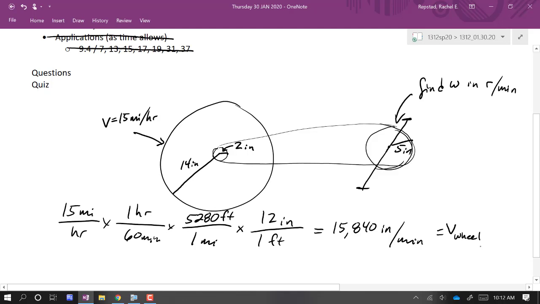I'm going to answer the question you asked directly right now. When you're using V equals omega r to solve for omega, it is automatically in radians per, in this case, radians per minute. So then you'd have to convert that to revolutions. But I like this problem because it makes us do this in a few steps. So I know the linear velocity for the wheel, so I could find the angular velocity knowing the radius.